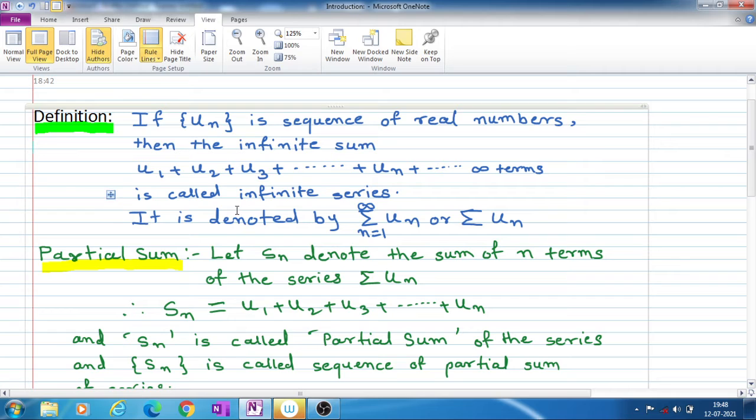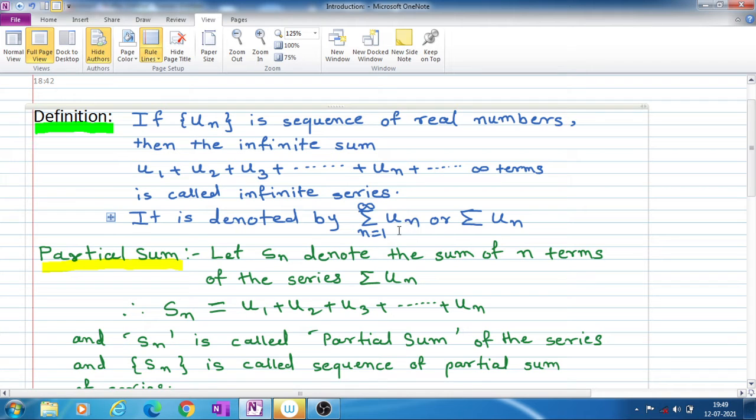So a series is nothing but the sum of all the terms of the sequence, and we write this series using the symbol of summation. So summation un, and how many terms are in this summation? Terms are from the first term, that is n is equal to 1 to infinity, because the terms in the sequence are infinitely many.